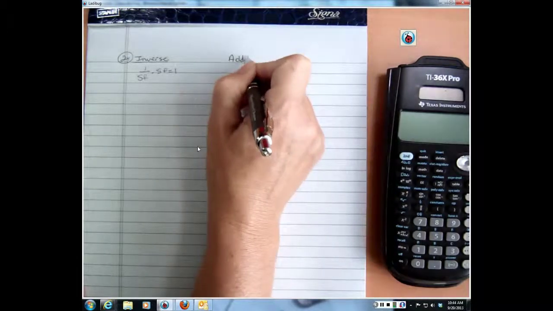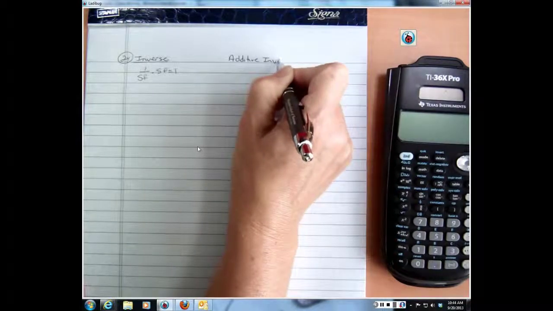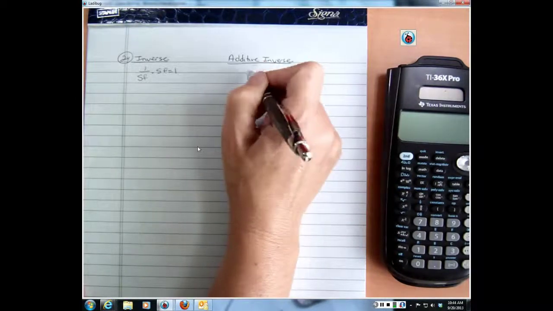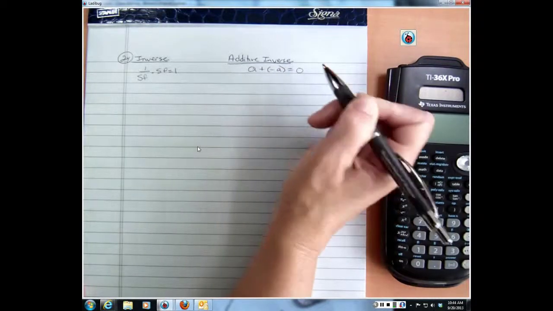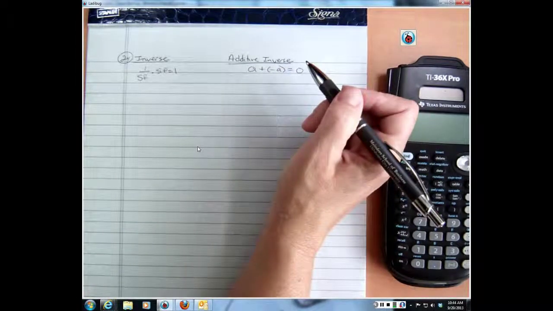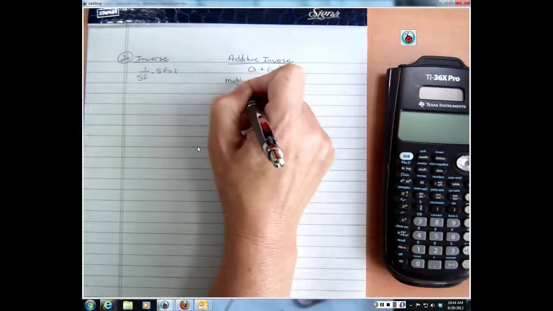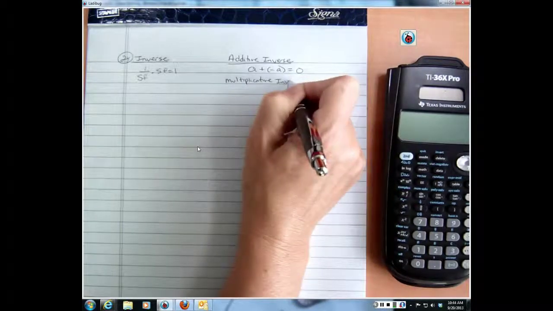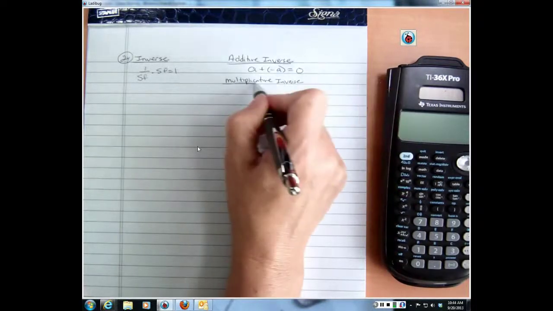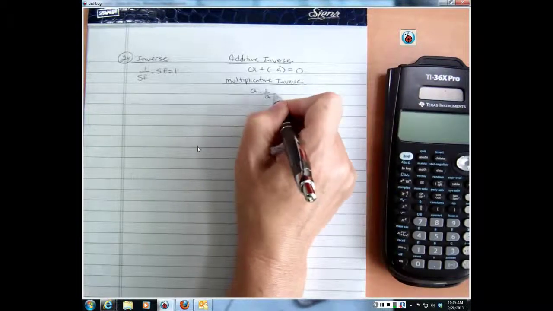The additive inverse, that's not what this is, obviously, it's multiplication. The additive inverse says that if you add opposites, you get 0. The multiplicative inverse says that if you multiply something by its reciprocal, you get 1.